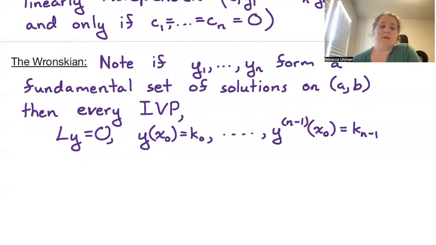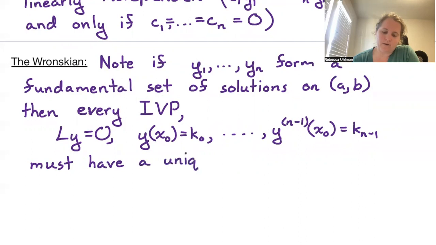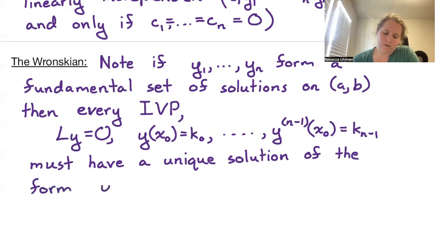So every IVP must have a solution, and in fact a unique solution if our conditions are met, of the form y equals c1 y1 plus all the way through plus cn yn.